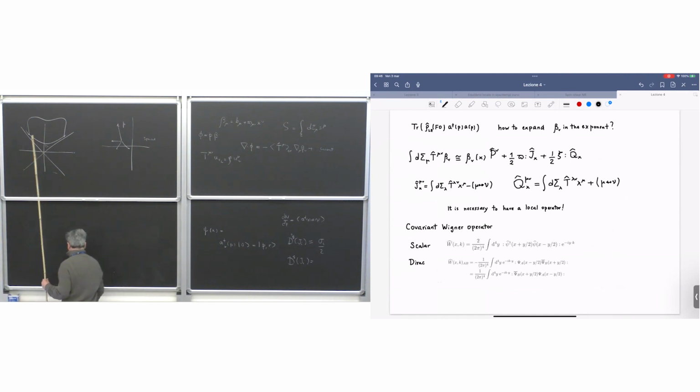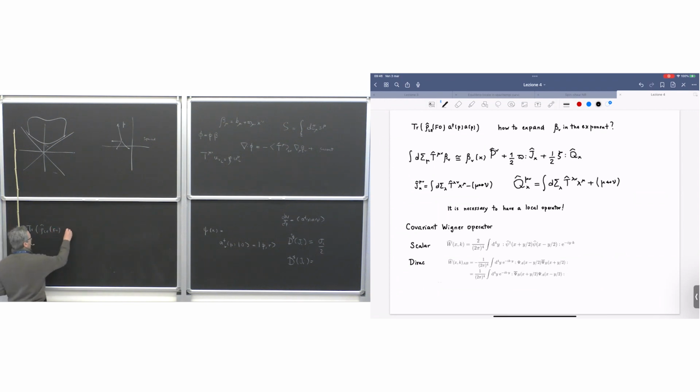So I want to do this at the freeze out, local equilibrium freeze out, and then I have these two operators. So this would be the expression of the spectrum, or twice the energy, the spectrum of a spin 0 particle.